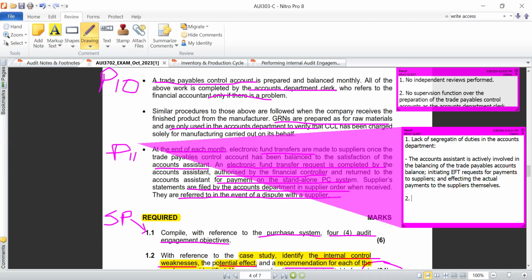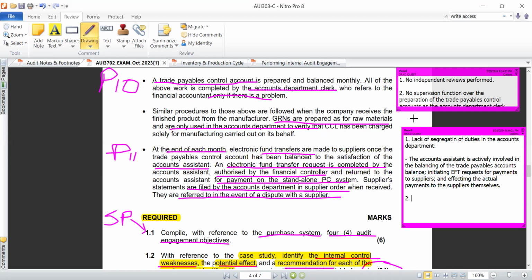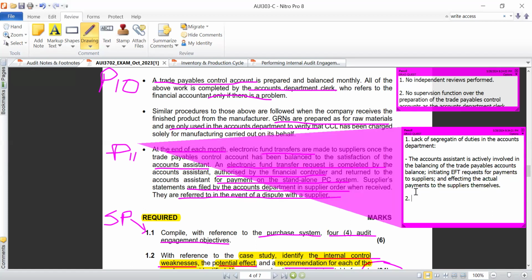Number 2 weakness, it had something to do with inadequate authorization of EFT payments.